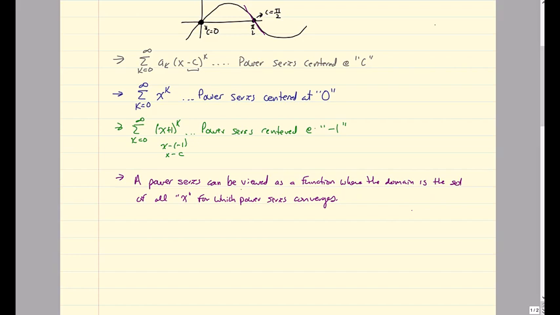Another characteristic that will be interesting to know about: every power series converges at its center. So every single power series that we work with will converge at its center. This totally makes sense, because if we look at this little graph up here, I can draw a line that touches at this center, and it's going to guarantee convergence there.